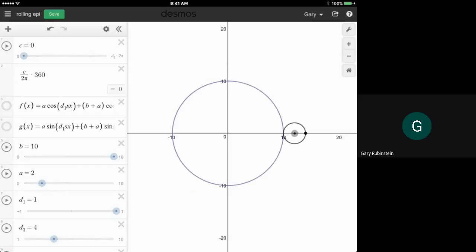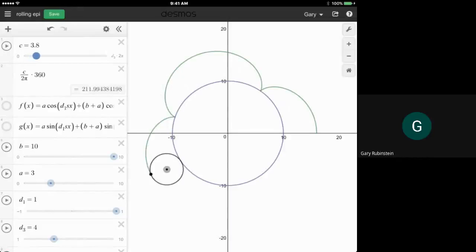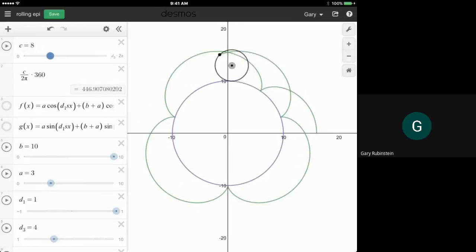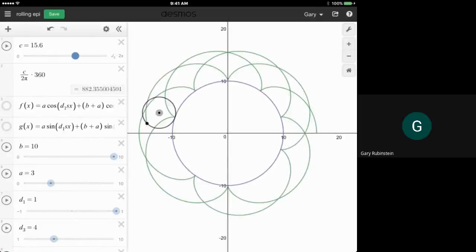But we're going to see that if we change the size of the circle, maybe the rolling circle is 3 instead of 2, take a look at what happens. It makes these bigger things. But not only that, when it gets to the end, it's not overlapping anymore. And when I do it again, rotate it a little bit, it ends up looking like that.